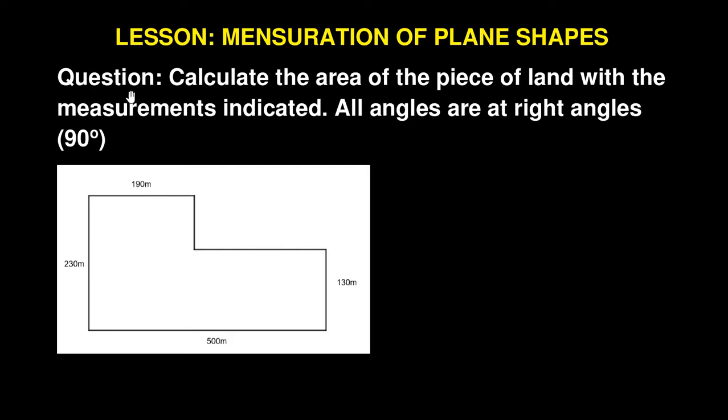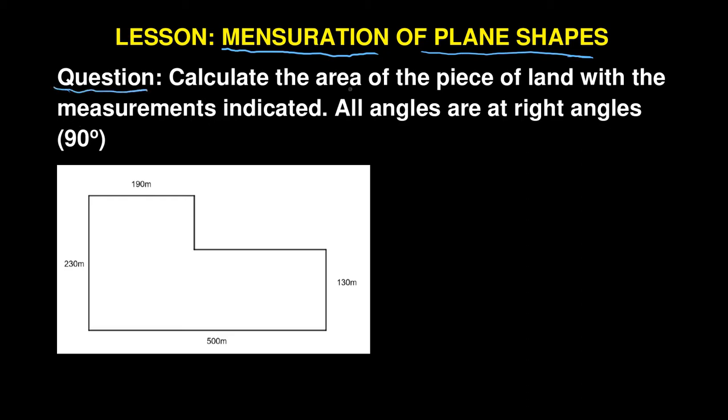Now, in your mathematics N1, I encourage you to analyze these questions carefully so that you can avoid the errors that the examiners are leading you to make, and then it can actually be an easier area of mathematics N1 to answer. Now, let us look at the first part. As I said, this is mensuration of plane shapes, where we are looking at areas, volumes, and perimeters of given shapes. This question was taken from a previous paper.